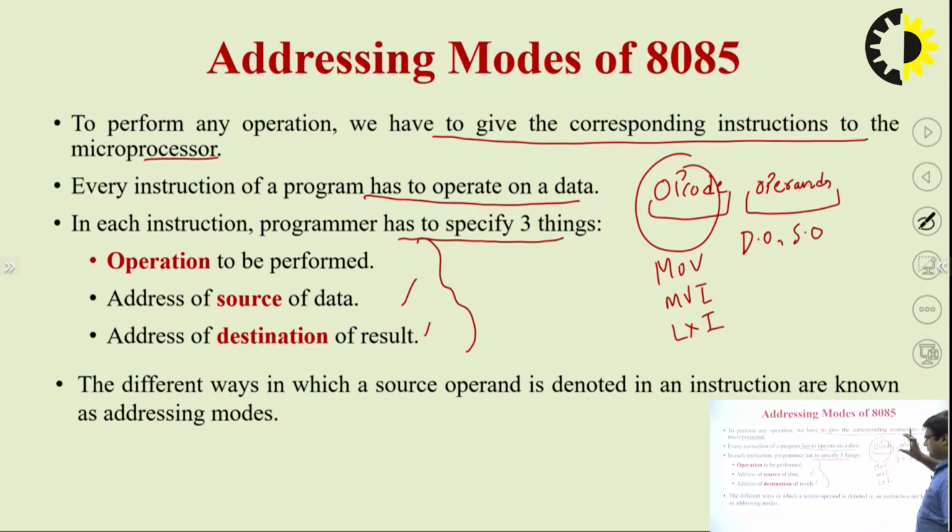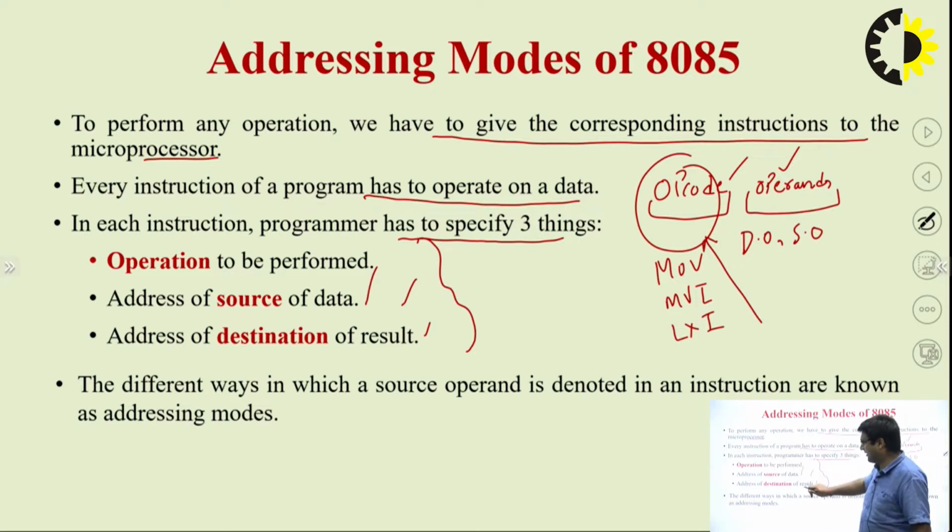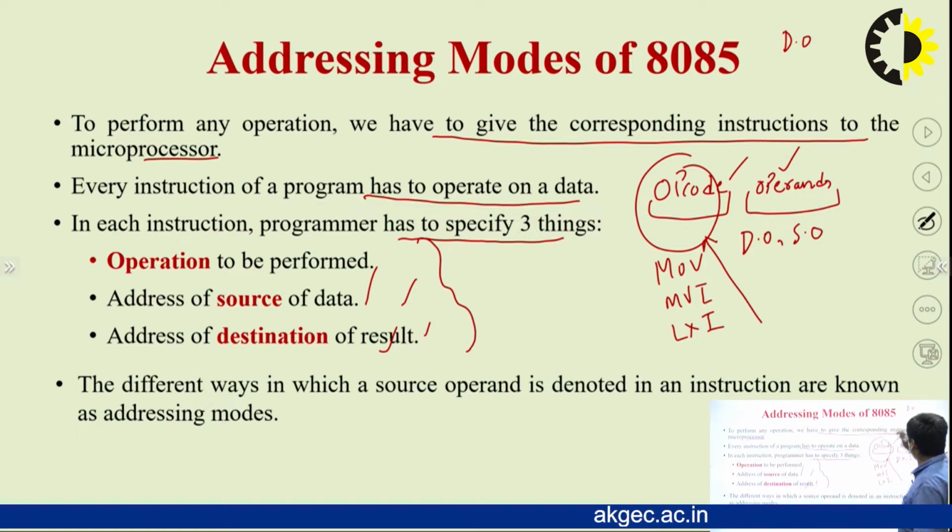Opcode and operand are part of the instruction, but how the operands are accessed by the opcode is the main thing. That is the definition of addressing mode as well. The operation to be performed, what type of operation the microprocessor has to carry out, is specified in the opcode. Then the address of the source of data and the address of the destination of result, that is, the destination operand and the source operand.